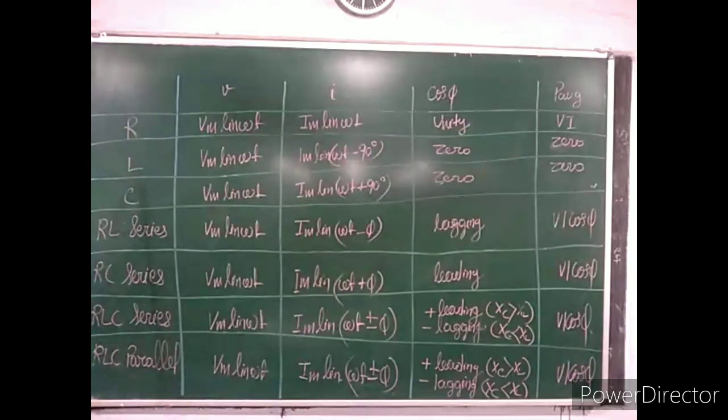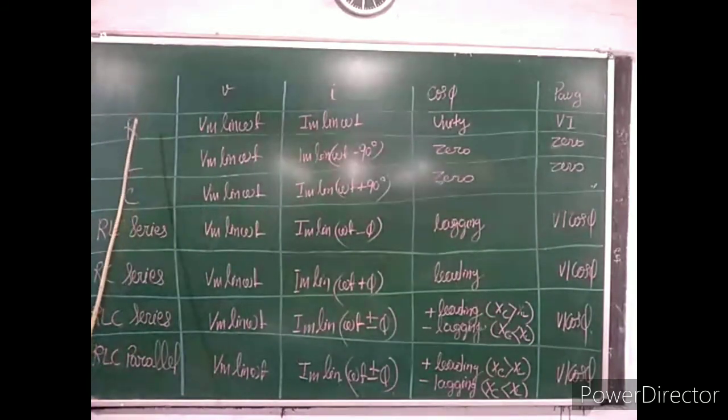The instantaneous value of voltage is the same for every type of circuit: Vm sin omega t.